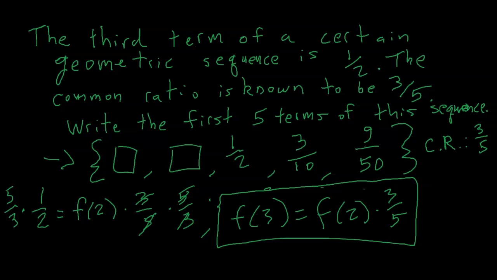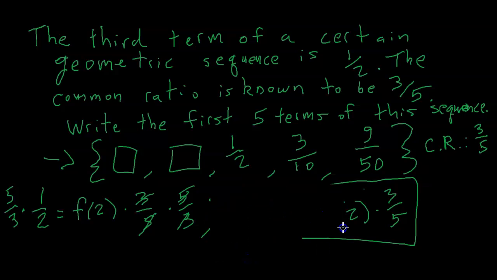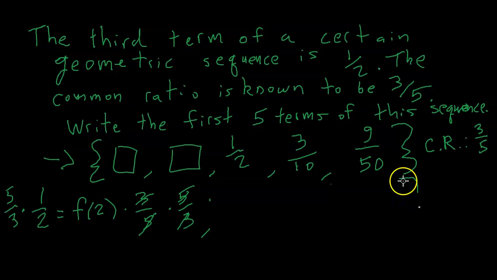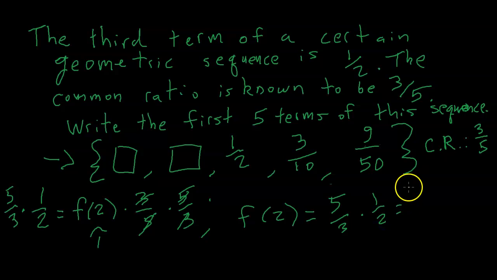Let me make some more room to do this brief and simple calculation. So now we know that f of 2 equals 5/3 times 1/2, which is 5 times 1 is 5 over 3 times 2 is 6.